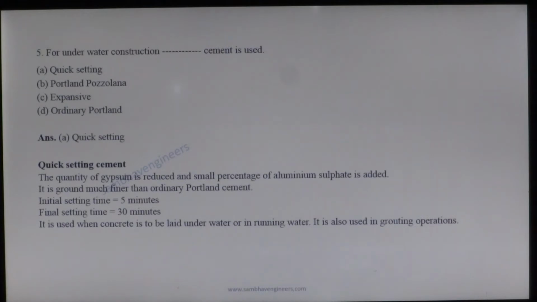It is ground much finer than ordinary Portland cement. Initial setting time of quick setting cement is 5 minutes and final setting time is 30 minutes. So it can be used when the concrete is to be laid under water or in running water. It is also used for grouting purposes.